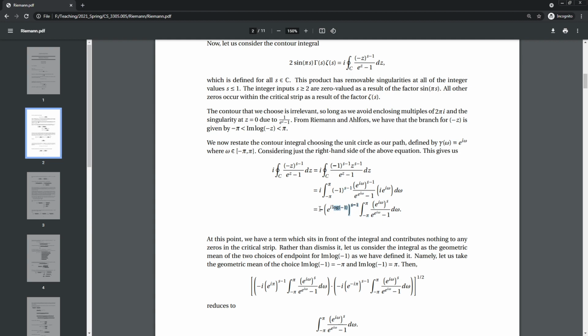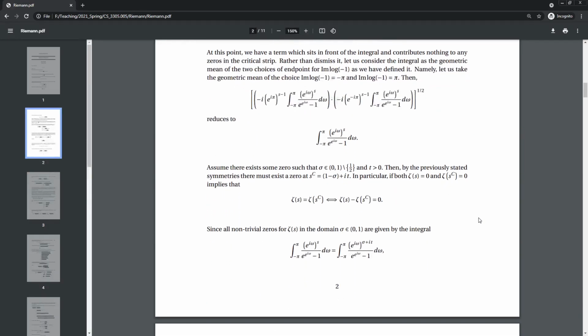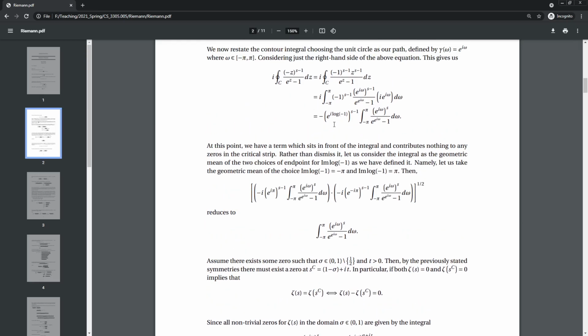And so now we have this stuff outside the integral, which we'll take a look at, and then this stuff inside the integral, which is now a definite integral. Okay, so that term which is sitting in front of the integral and causing us distress contributes nothing really to anything in the critical strip, but it confuses the problem a bit. So we don't want to just dismiss it.